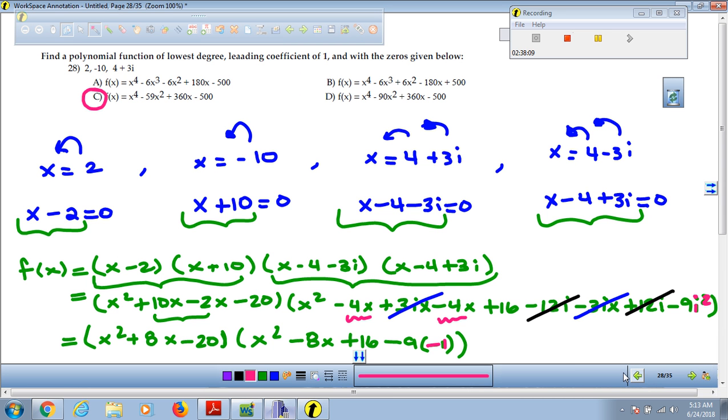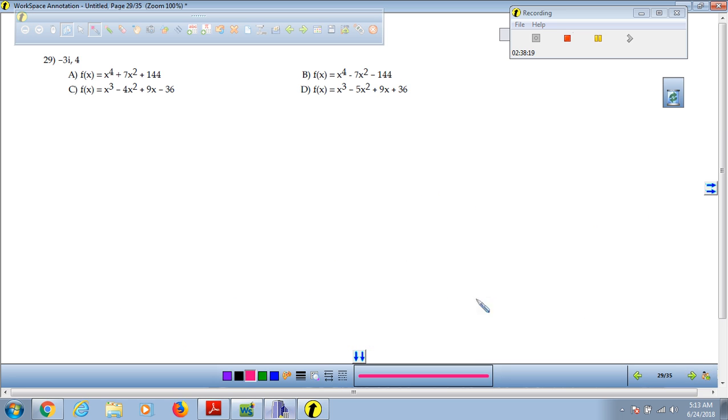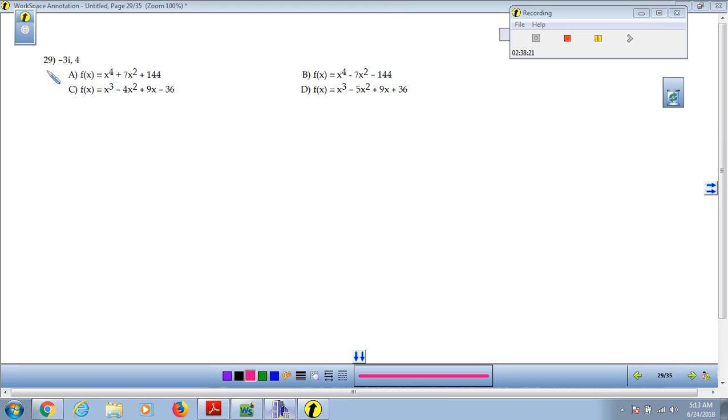Let's find the polynomial function of lowest degree, leading coefficient 1, with the zeros given below. So here my zeros are given: negative 3i, so I need to remember that there exists the conjugate of this, and x equals 4.